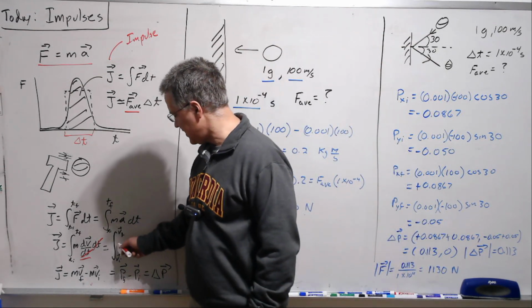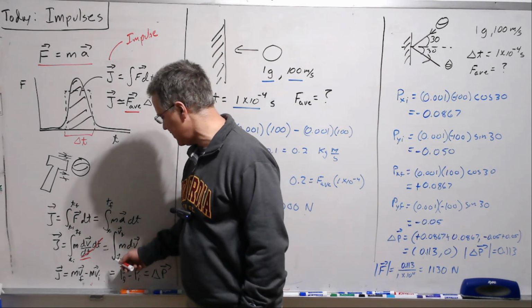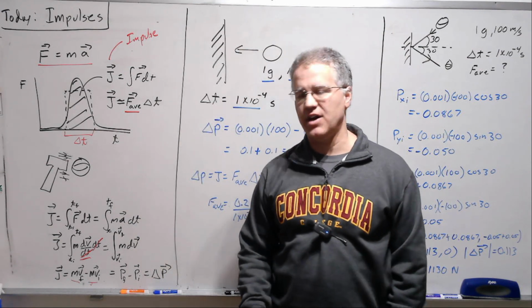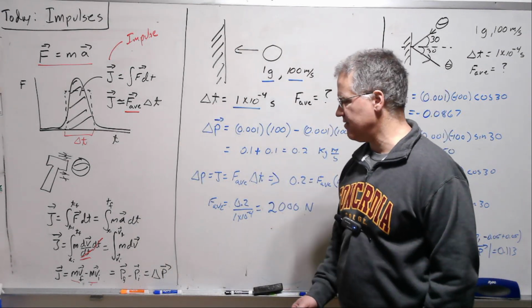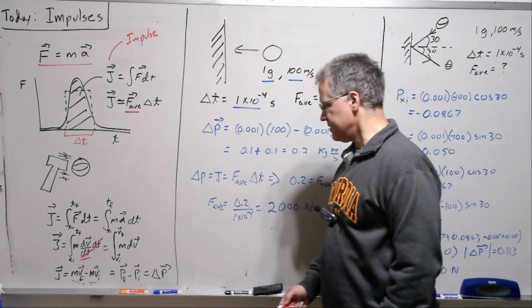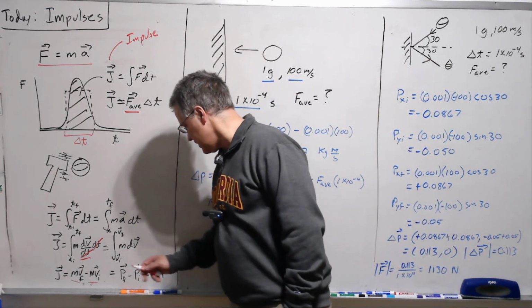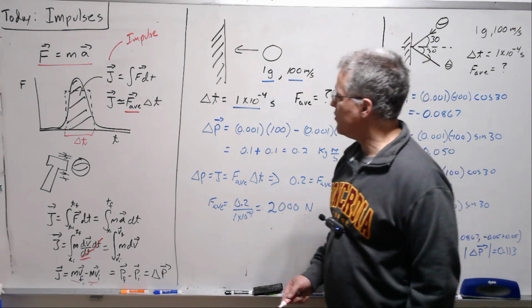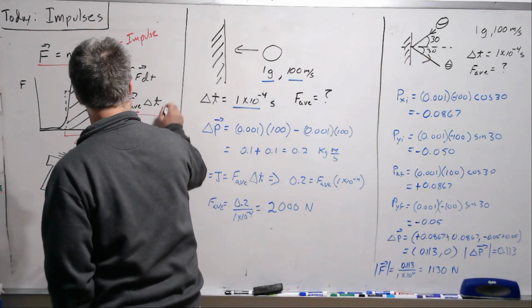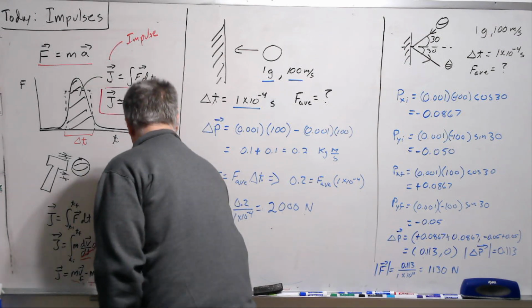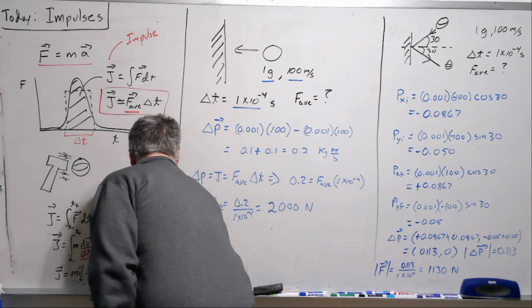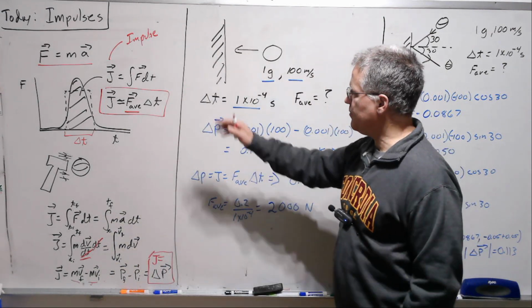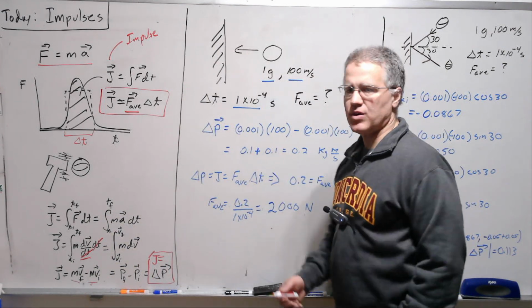So mass is a constant that can get pulled out of this integral, and we're left with mass times velocity final minus mass times velocity initial, and that gives us P final minus P initial, or delta P. So we have two formulas now for the impulse.